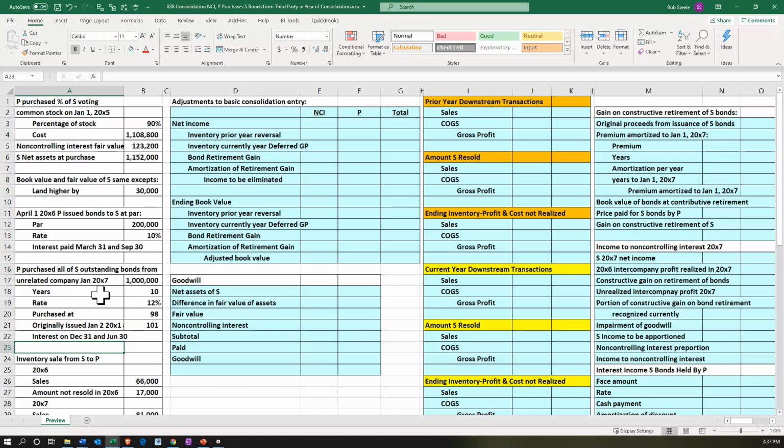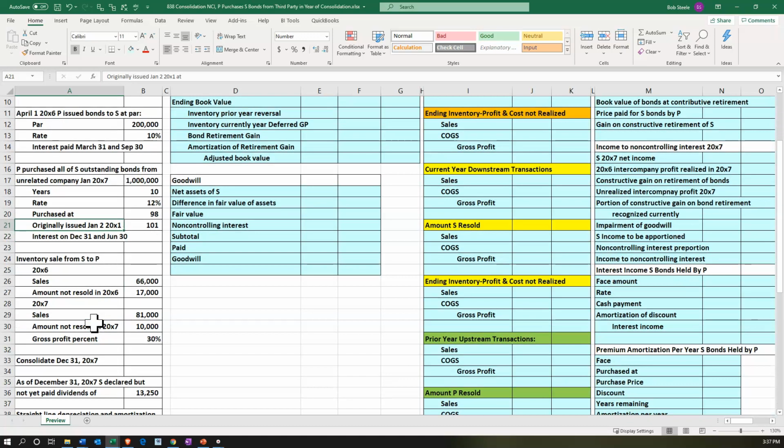So that means S issued these bonds to someone other than P. But then P went out and purchased them from the third party, which kind of confuses things because when S originally issued them, they were the 1 million face, and they issued them at the premium of the 101. But then when P purchased them, they purchased them at a discount of the 98. So the rate is going to be the same because that's on the face of the bond. So we'll be taking a look at that.